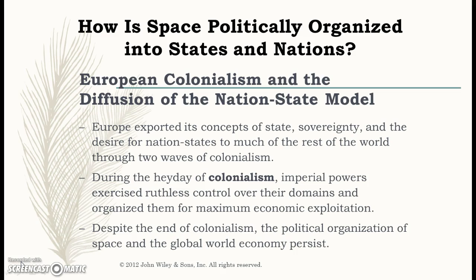Colonialism, for the most part, has ended. There are very, very few areas of the world that are still colonies. But the important piece, and the reason why we study it in geography, is that that political organization of state and of space persists. This model of state and nation-state and sovereignty is the model for the modern political system of the world.